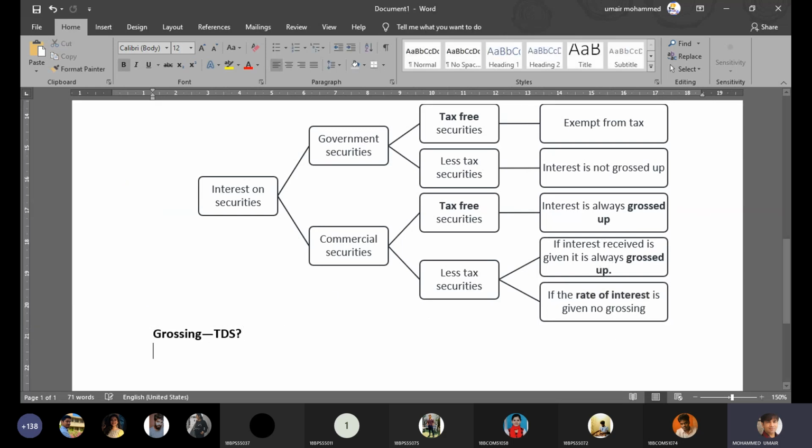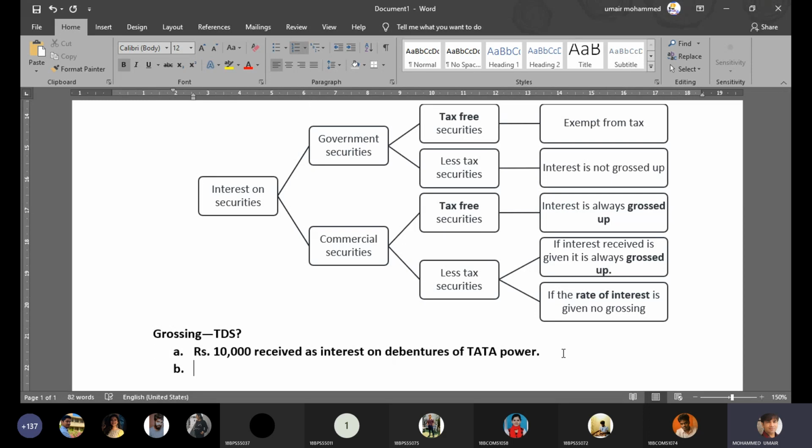For example, let's say 10,000 is received as interest on debentures of Tata Power. Okay, the transaction is like this. I'll write down here.